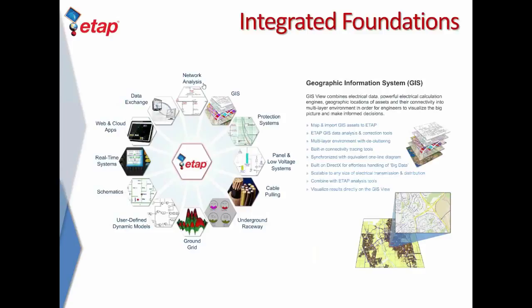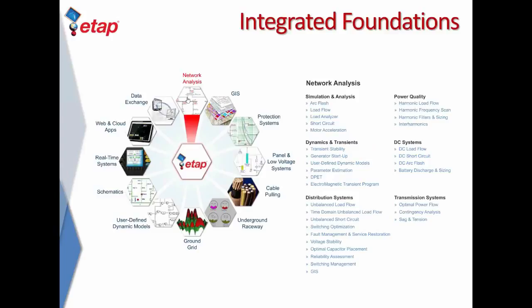One last high-level mention about ETAP before we jump into the application itself. This is more of a 30,000-foot view of all the integrated foundations that are inside the program. Again, for those of you who are not familiar too much with the ETAP program, we essentially have a view for doing network analysis such as power flow, fault analysis, motor acceleration, transient stability, and so on.